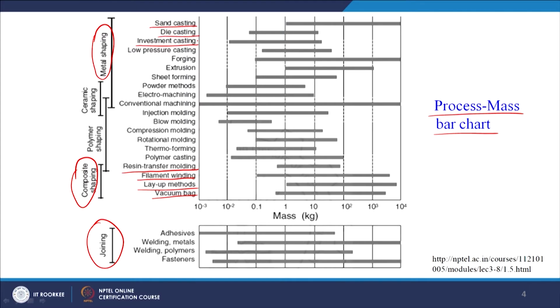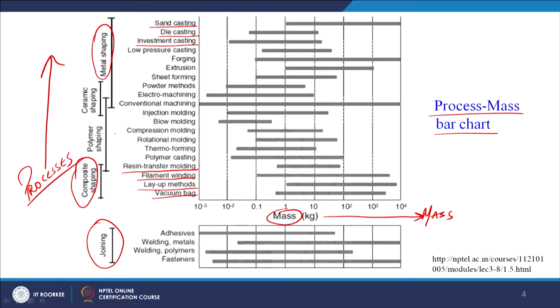So for each one of these the size is clearly mentioned. On our x axis we have mass, which is already written. So this is mass in kgs. On the x axis we have the mass, on the y axis we have the processes. Now we have to establish a relationship between the two.